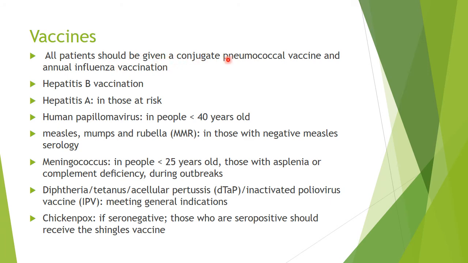But all patients should be given conjugate pneumococcal vaccine and annual influenza vaccination, PCV and flu shots, hepatitis B vaccination if they need it, hepatitis A in those at risk, human papillomavirus in people less than 40 years, measles, mumps, rubella, MMR in those with negative measles serology, meningococcus in people less than 25 years old, those with asplenia or complement deficiency, and during outbreaks, and DTaP, diphtheria, tetanus, and acellular pertussis or inactivated poliovirus vaccine for those who meet the general indication for these vaccines.